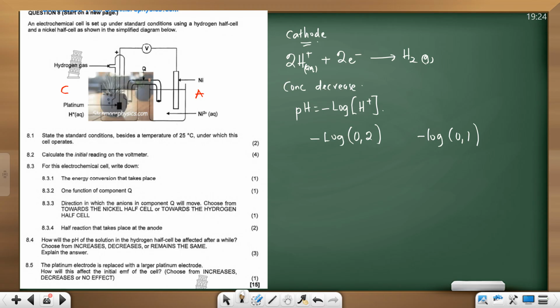So you will notice that as the concentration decreases, the pH value increases. What was the value for 0,2? 0,7. And 0,1? 1.